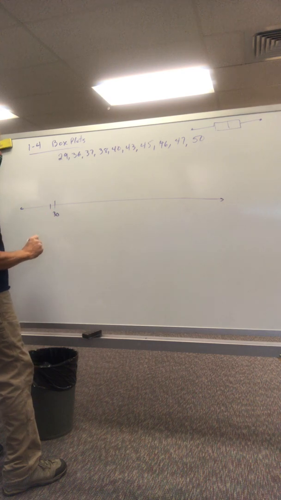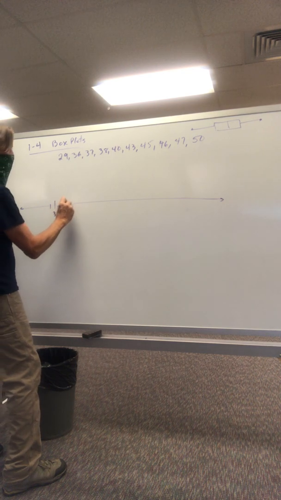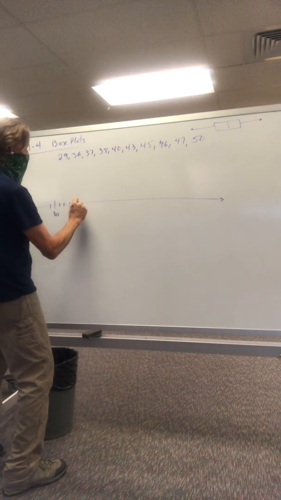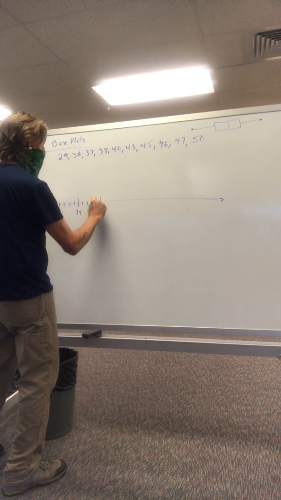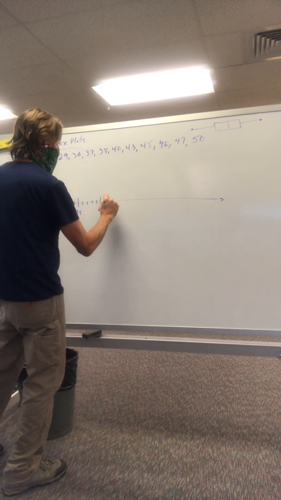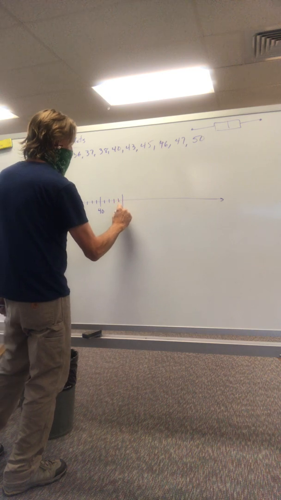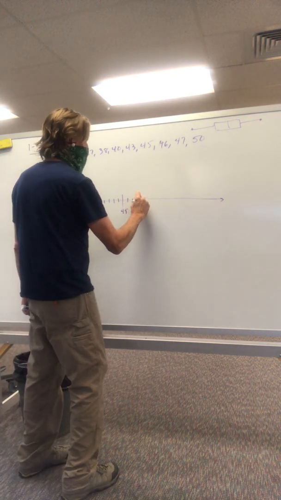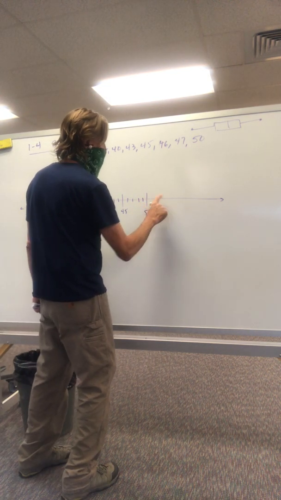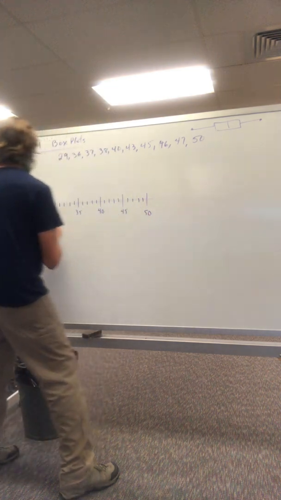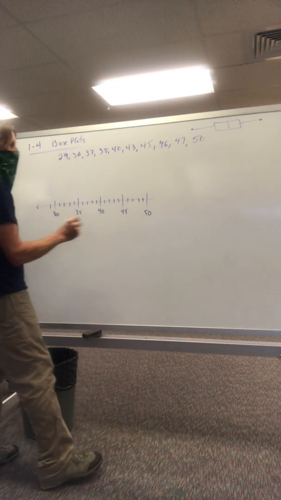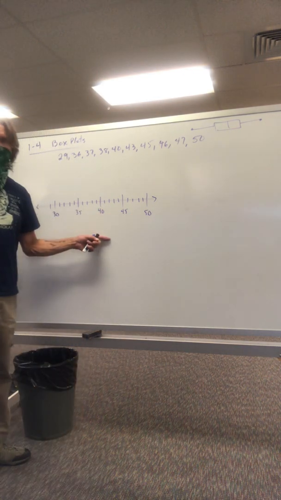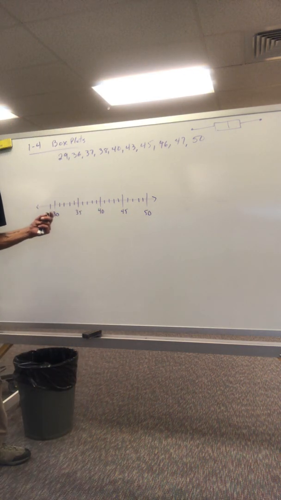So that's 29, then 35, 40, 45, 50. So we don't need all of this. So this is going to be our scale that we're going to build our box plot on top of.